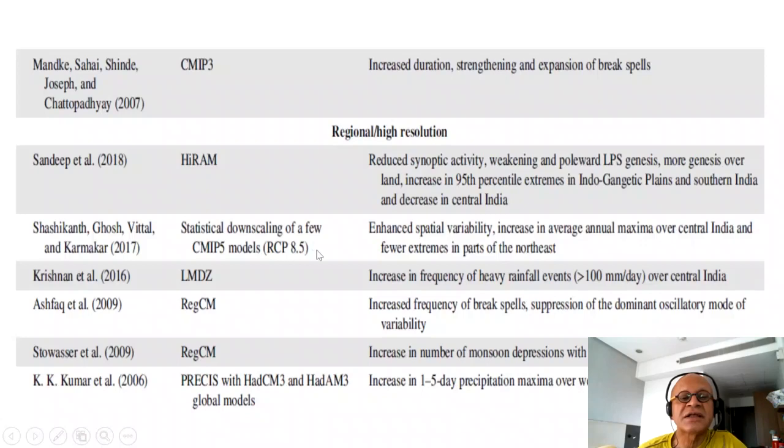Statistical downscaling that I mentioned before for the RCP 8.5 scenario. Enhanced spatial variability, increase in average annual maxima over central India, and fewer extremes in parts of northeast. So these are using historic data to do statistical downscaling of the future projections.